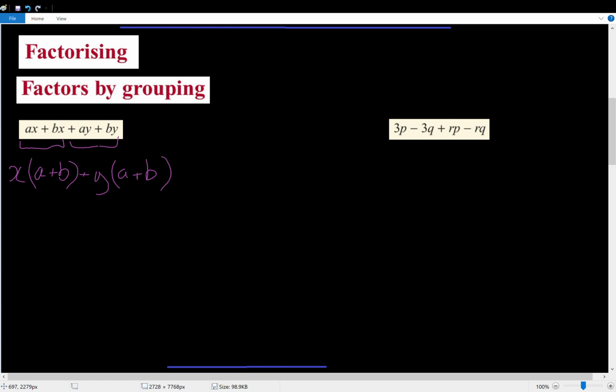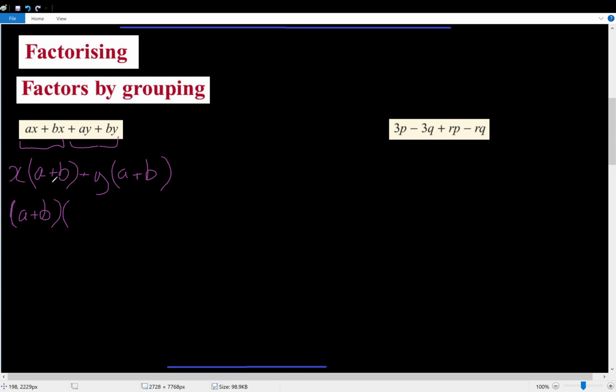Now when we look at our expression, we see we've got 2 terms: x times this bracket and y times this bracket. But since the brackets are identical, these brackets themselves are now a common factor of the expression. So we write down our whole bracket, a plus b, and then we open a new bracket right next to it, and we divide these 2 terms by the bracket.